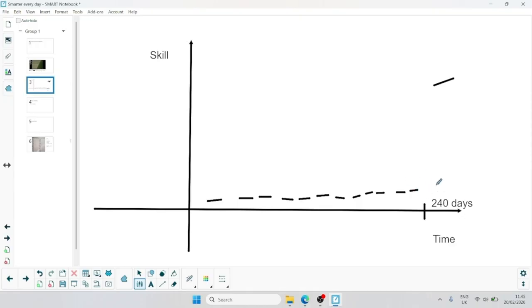But the jump, this is what is so important. He goes from being able to cycle a couple of meters, when everything goes right and he's not distracted, to suddenly his brain kind of understands how it works, and suddenly he can do it. So this moment, the jump, is so interesting.